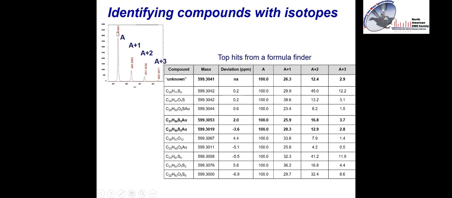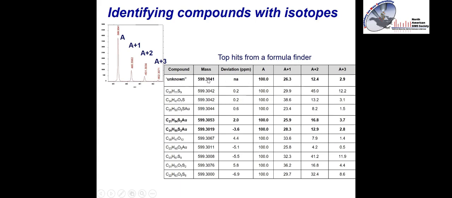Well, if we take this peak here, we see the main peak, and in most mass spec literature, they call the main isotope A, and then the next isotope A+1, and so forth. So if we look at this isotopic pattern, we can determine the ratio of these isotopes to the main isotope and get a percentage for our unknown species. We know the exact mass, and then we can use a formula finder.